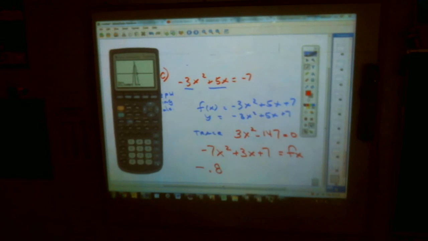So we'll try it again. It says error. No, you need 1.2.